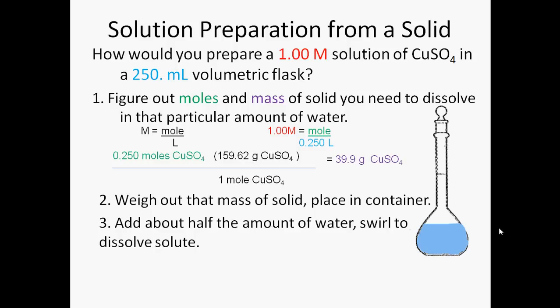It's going to be easier to dissolve the solute if you have a lesser amount of water, so that you have a little bit of space in your container to actually swirl it around, stir it up, mix it up, whatever. Okay. So once you've gotten your solute dissolved in half the water, you can put in the rest of your water. And there you have your solution of a particular molarity.